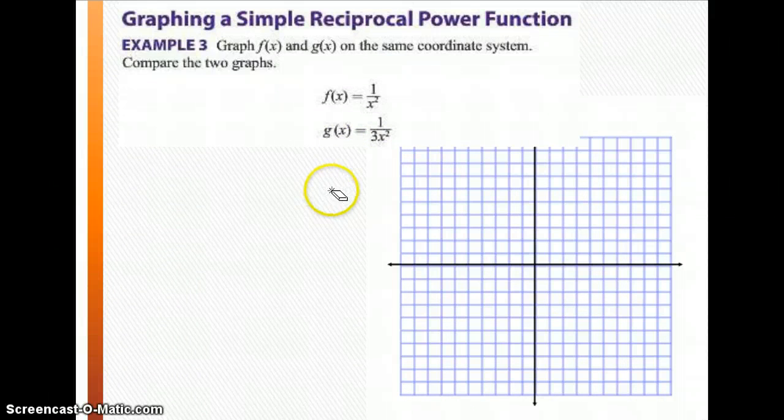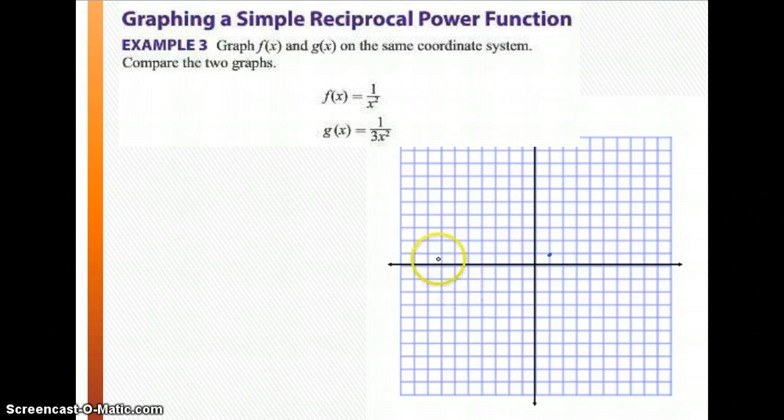Okay, so if we wanted to graph a simple power function, it's not too difficult. As it says, it's simple. So let's just take and graph the first one, the 1 over x squared. I know that if x is equal to 1, then y will be 1 because 1 over 1 squared is 1.